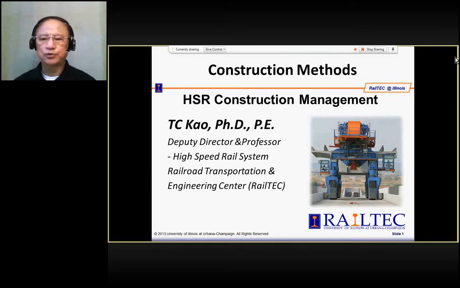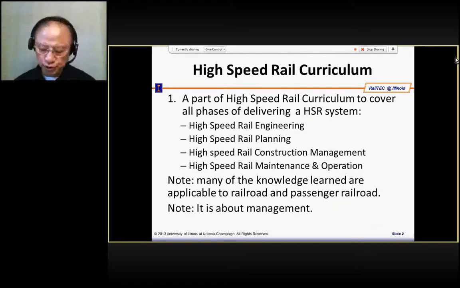our Railroad Transportation Center. To put the subject into perspective, let's start with the curriculum which we are teaching, the high-speed rail curriculum at the University of Illinois at Urbana-Champaign.